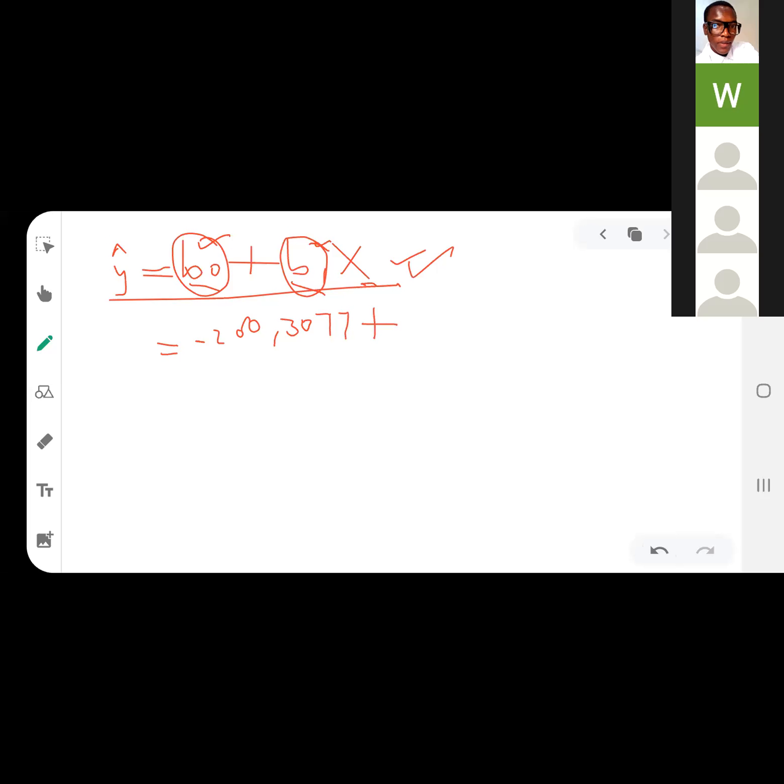You press shift, 1, 5, and then you go to option 2, which is B, and then you get the answer. What is the answer? 1,224.358974.